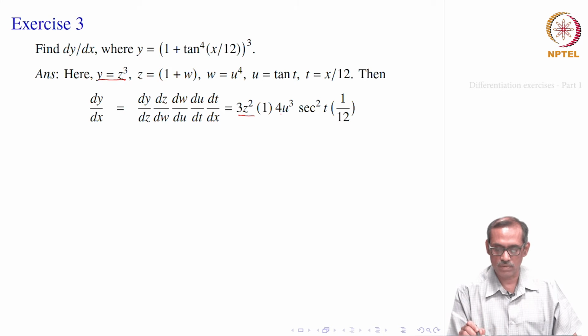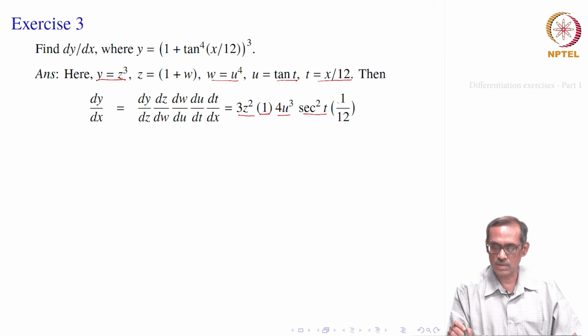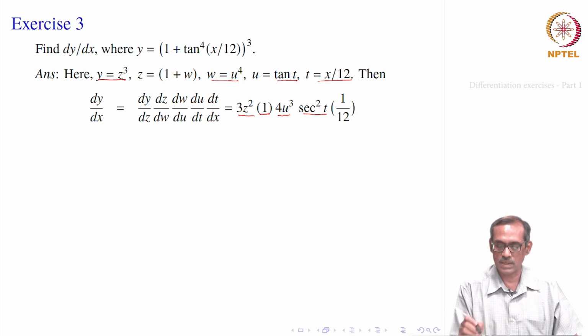So, it is 1 plus w, that gives 1 is 0, w gives 1, and then dw by du, which is w is u fourth. So, it is 4u cubed. Next du by dt, u is tan t. So, it is secant square t, and dt by dx, t is x by 12. So, dt by dx is 1 by 12. That is how it looks.